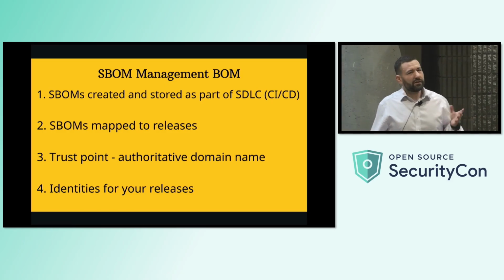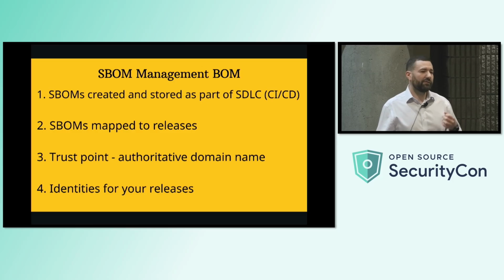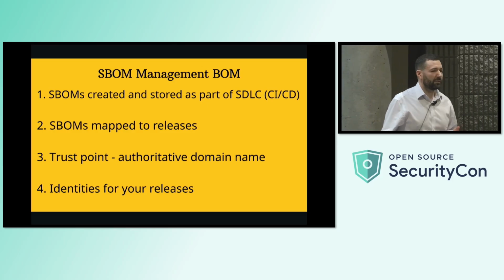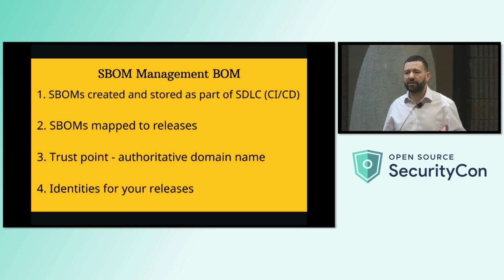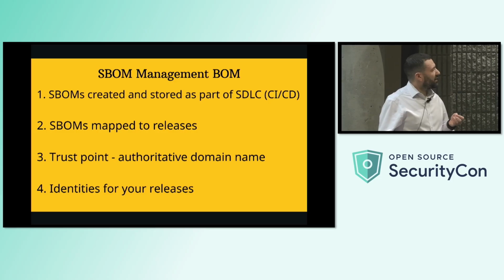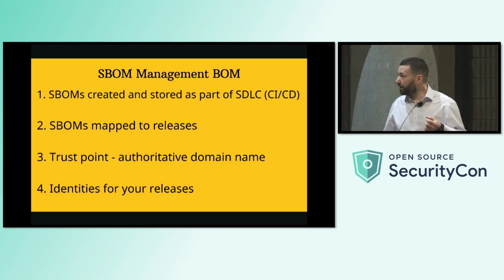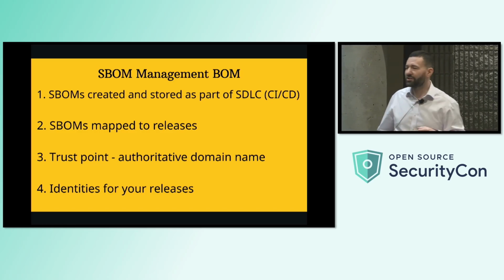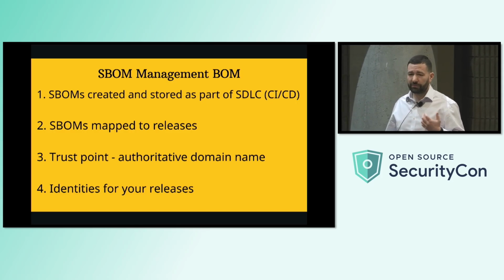This talk, I try to make from a manufacturer perspective. So if you're a manufacturer building software or hardware devices like Internet of Things, then what do you actually need to manage your bills of materials? I called it BOM because I like the word BOM, but essentially this is a list of ingredients that you need. First of all, you need to produce your SBOMs on a regular basis.